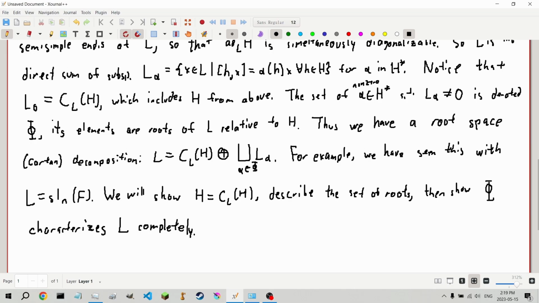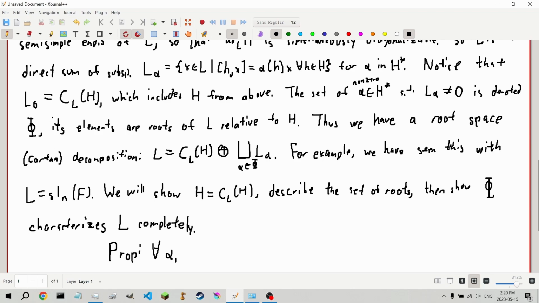So we're going to start out with a proposition here. For all alpha and beta in the dual space of our toral subalgebra H, the bracket of the eigenspace of alpha and the eigenspace of beta is contained in the eigenspace of their sum.